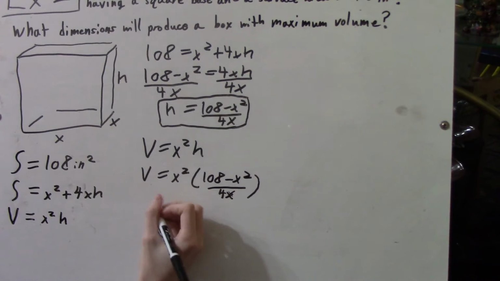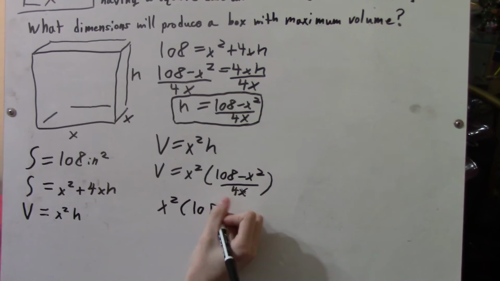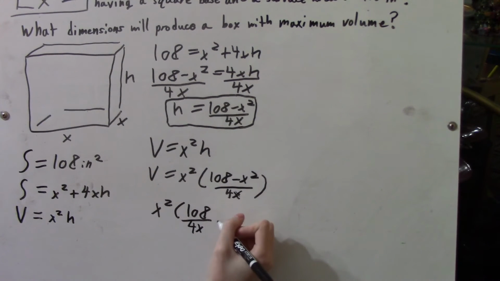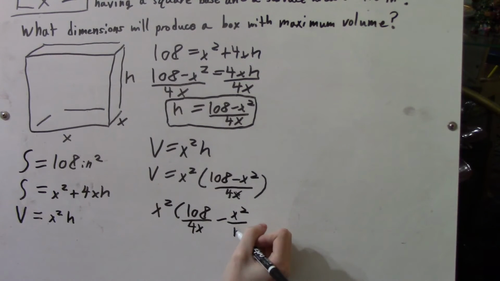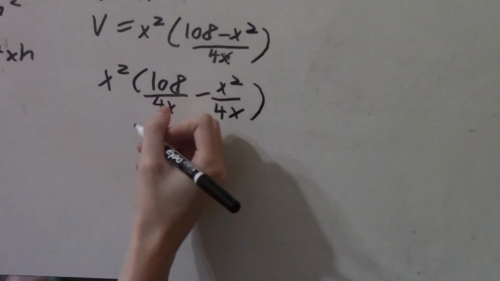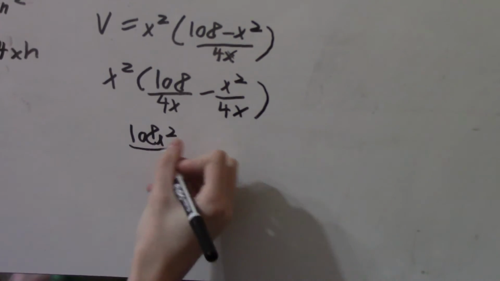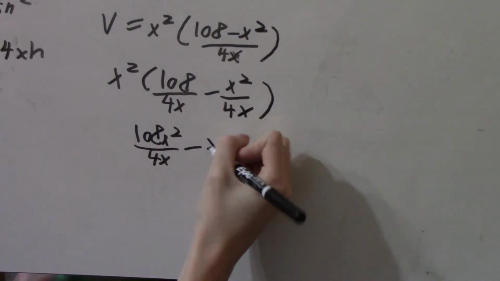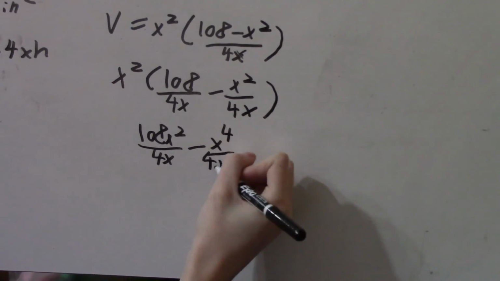I'm going to simplify this. So x squared times 108 over 4x, and then minus an x squared over 4x. Multiply the numerators by x squared to get 108 x squared over 4x minus x to the power of 4 over 4x.